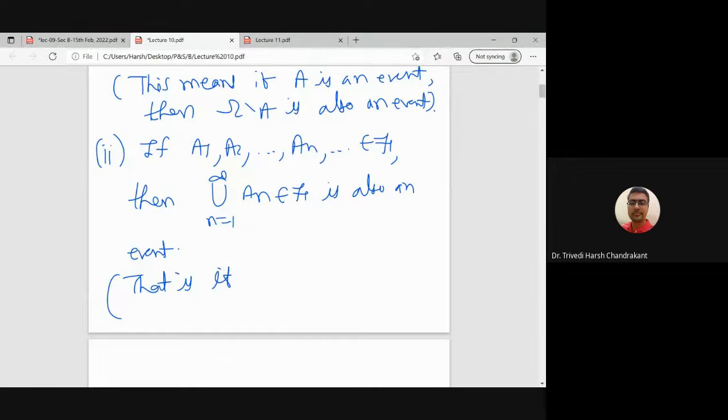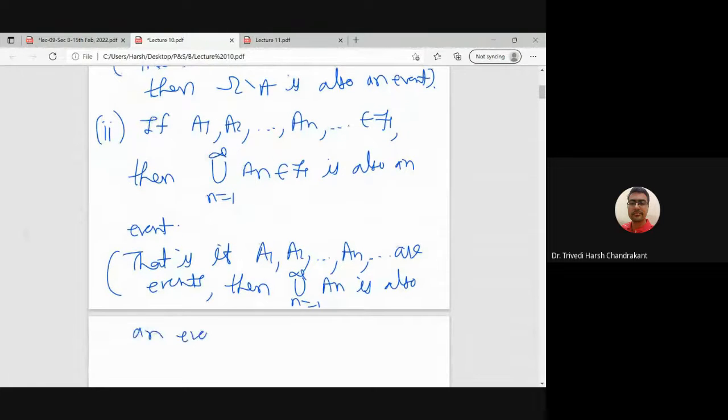It means that if A1, A2, ..., An are events, then their union, n running from 1 to infinity, of An, is also an event.